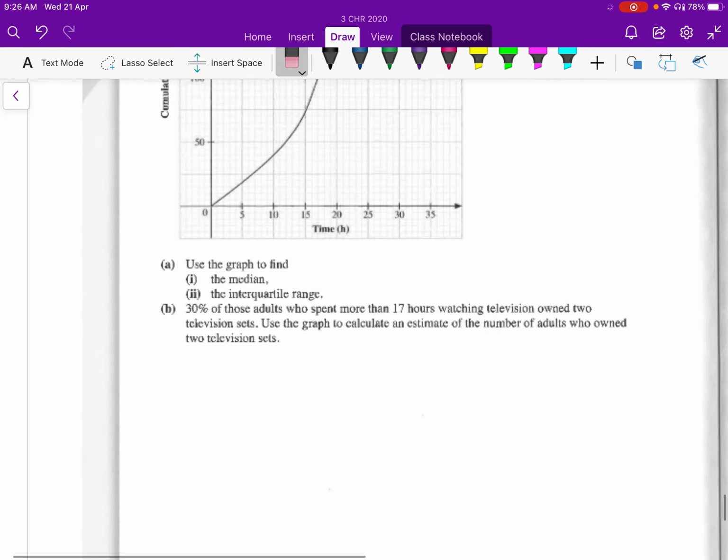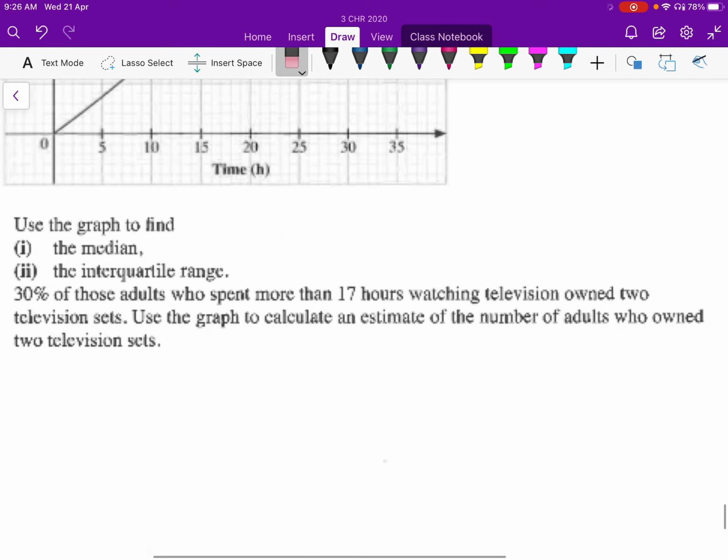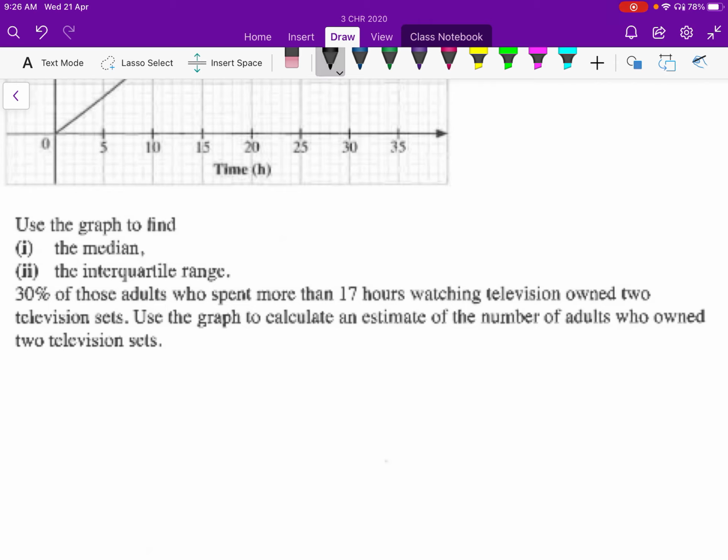Need to understand 30% of those adults. Which adults? Those who spend more than 17 hours watching TV. So out of those who watch more than 17 hours, we only want 30%. So let's find out how many people actually spend more than 17 hours.